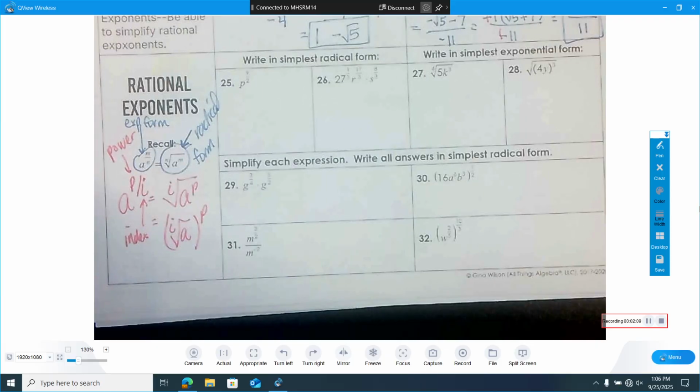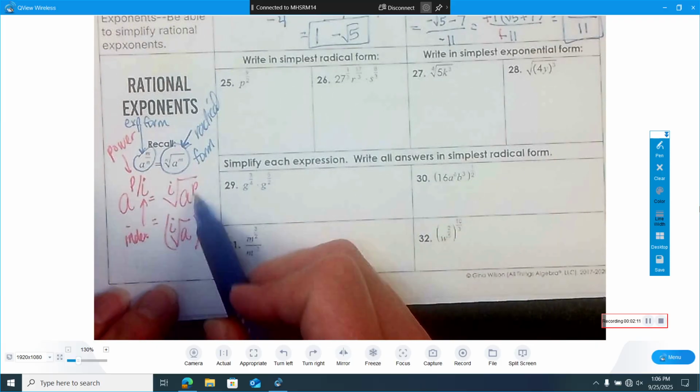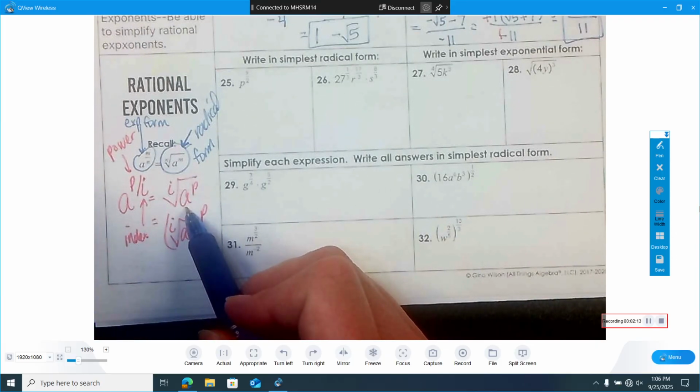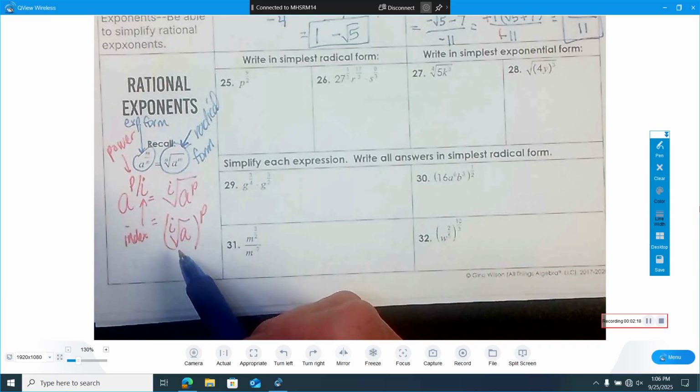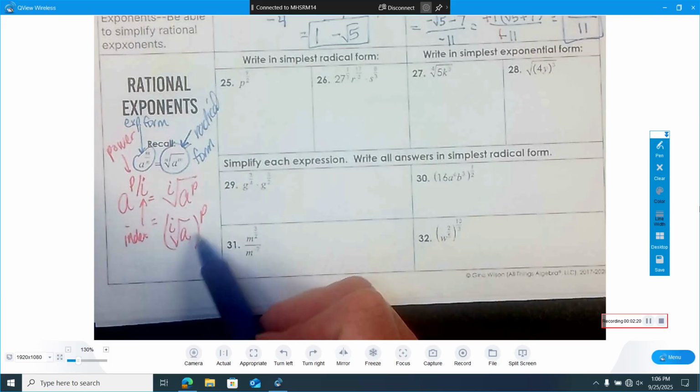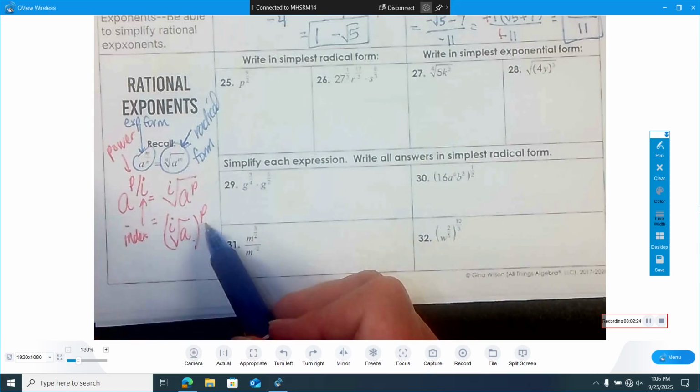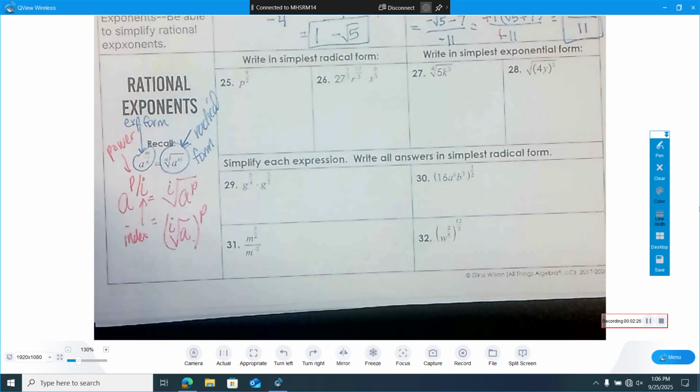And if we were trying to simplify, then you would want to simplify inside first, and then you could deal with the root part of it, okay? But it is the same, maybe, to rewrite it this way, where you can take a root first and then raise it to a power. It's interchangeable, okay, which is kind of a nice thing.